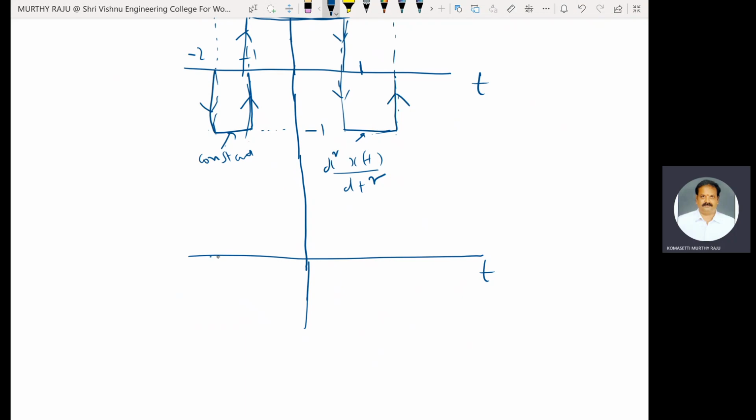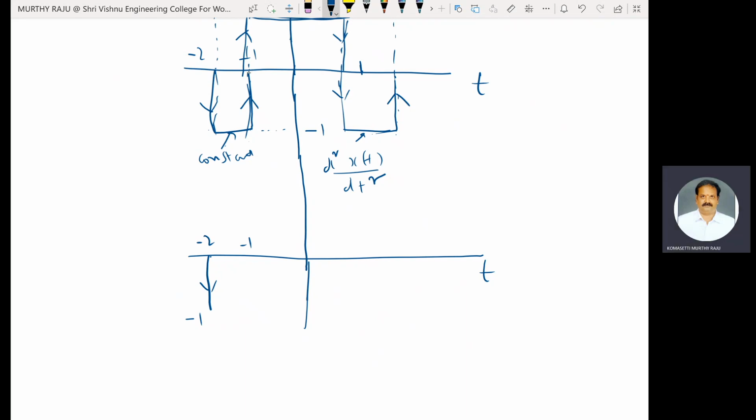The impulse value here is -1. The impulse value here is -1. Constant differentiation is 0. This is -2. This is -1.